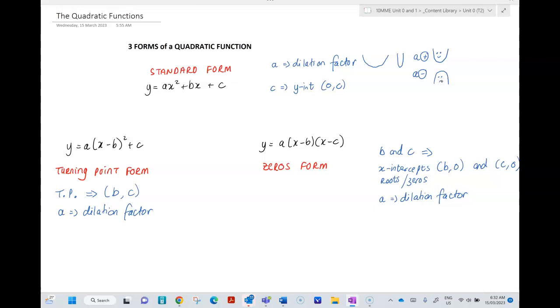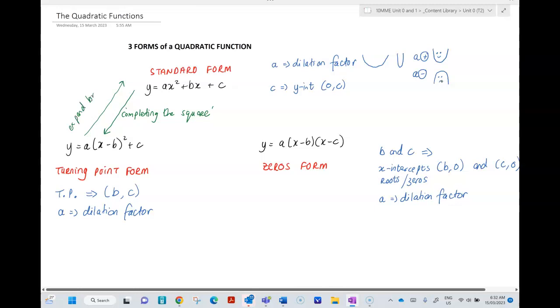To go from standard form to turning point form, we apply a process called completing the square, which we are going to teach you. It's a method. And then moving back from turning point form to standard form, all you have to do is expand the brackets.